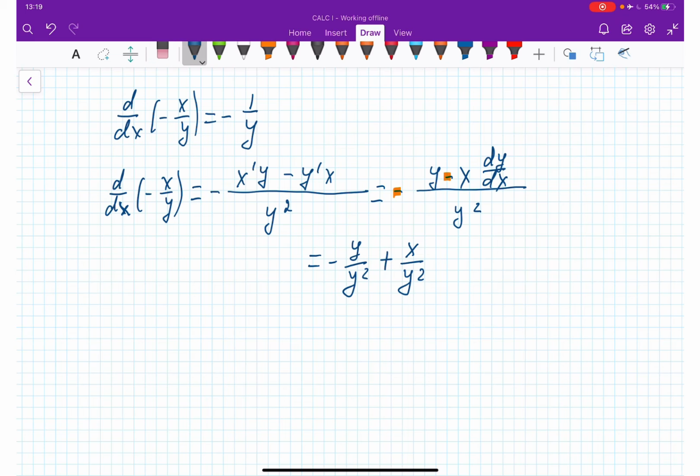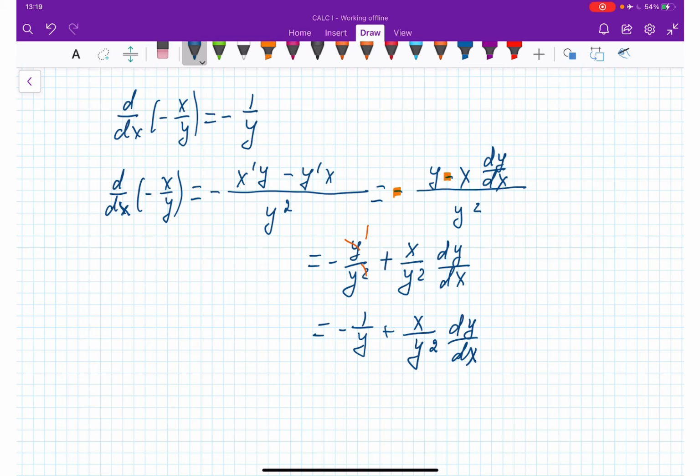Now, let's understand why some calculators do it one way and others another way. This is practically 1 over y, so negative 1 over y plus x over y squared dy by dx.